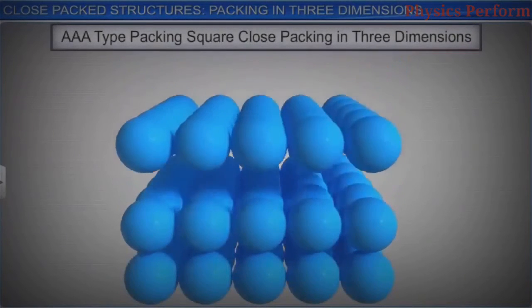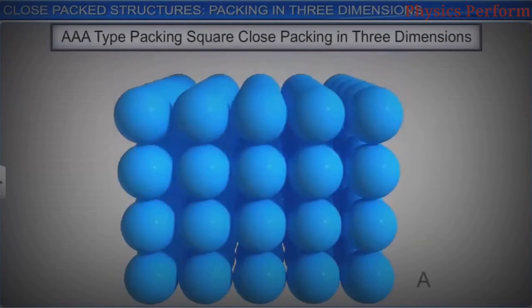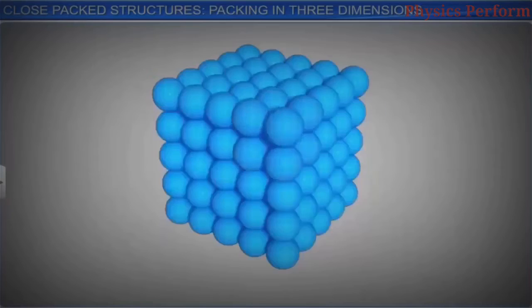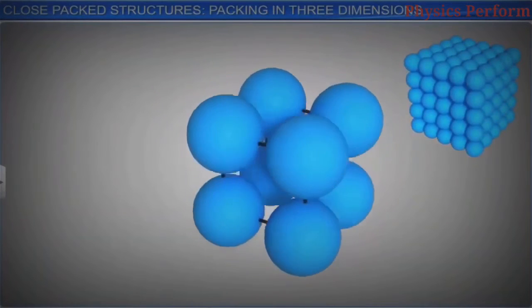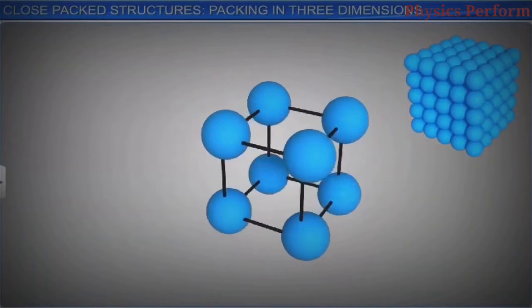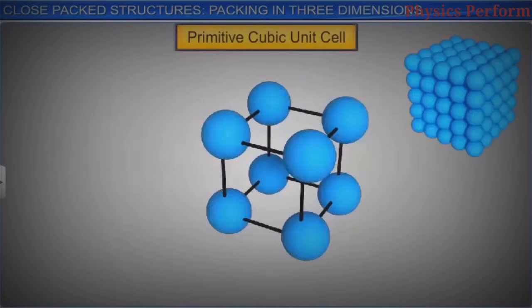If the arrangement of spheres in the first layer is considered to be of A-type, then the arrangement of spheres in the subsequent layers is also of A-type. This three-dimensional arrangement is referred to as AAA type packing. If you look carefully, you will find that this arrangement has resulted in the formation of a simple cubic lattice. The unit cell of this lattice is a primitive cubic unit cell.